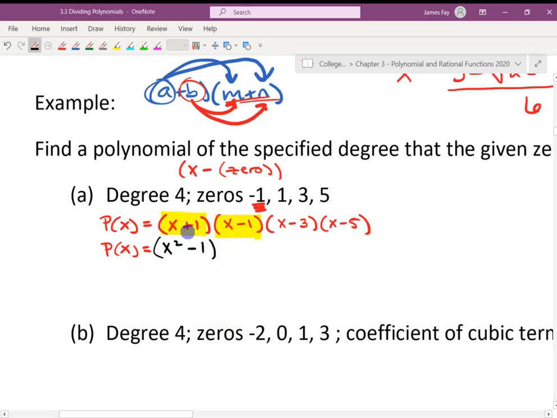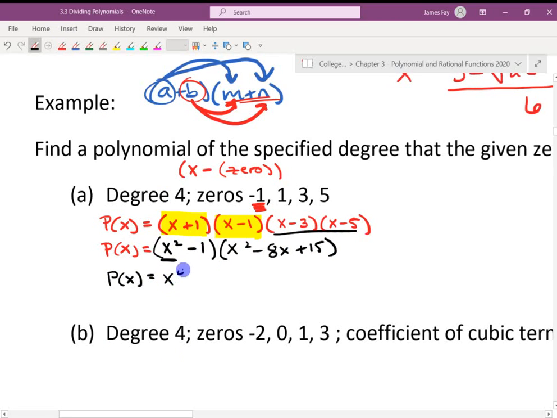If I didn't see that pair of conjugates, and I took x plus 1 for some reason multiplied by x minus 3, I'm going to have 3 terms. You'll get to the same answer, but you're going to be spending more time on this problem than your neighbor. Now, these two are what I have to multiply. Good. Okay. And at this point, FOIL doesn't work because FOIL only works for binomial times binomial, but you're going to take x squared and distribute it to all 3 parts over here.